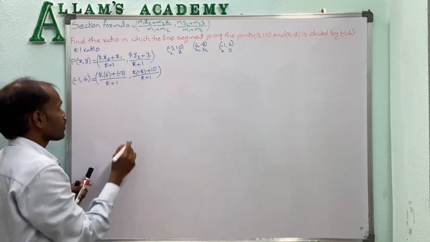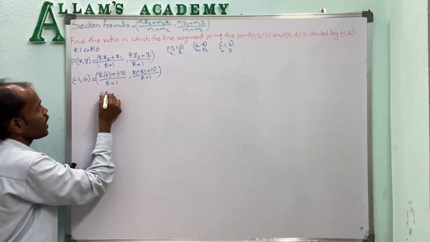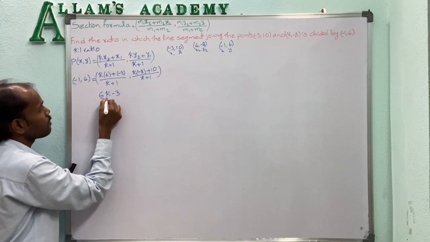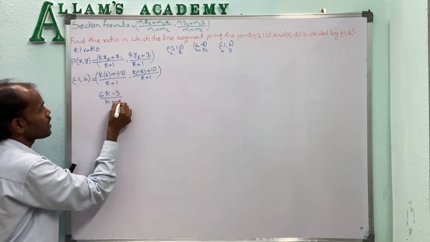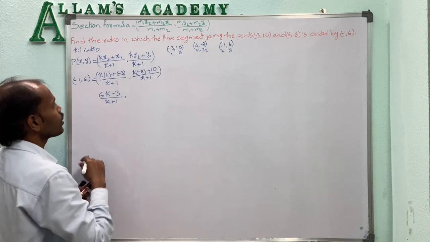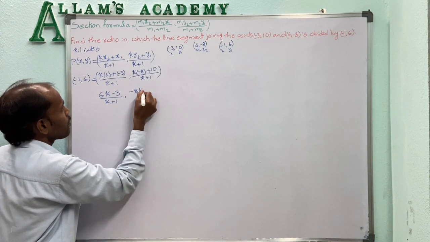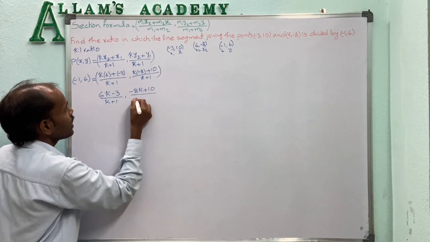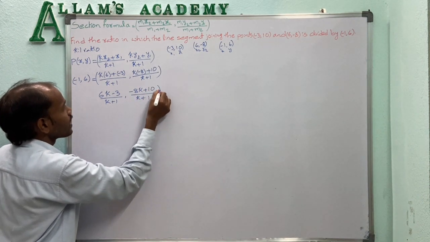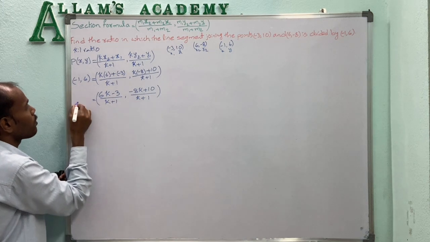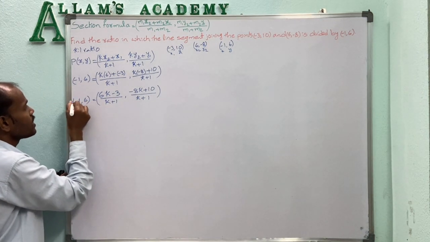So k into 6 is 6k plus -3 by k plus 1, and k into -8 is -8k plus 10 by k plus 1. That one is equal to the point (-1, 6).